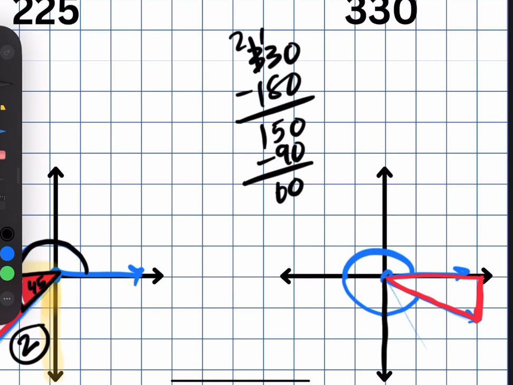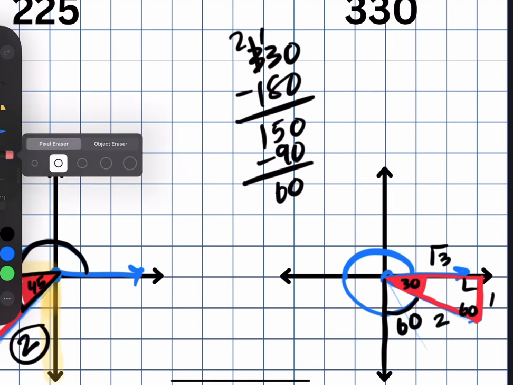Remember that I traveled 60 here, and in total I have 90, meaning that this corner would need to be, to get 90, from 60 to 90, I need 30. So this becomes a 30, 60, 90, where my sides are 1, radical 3, and 2. And then you kind of have to, again, contextualize.